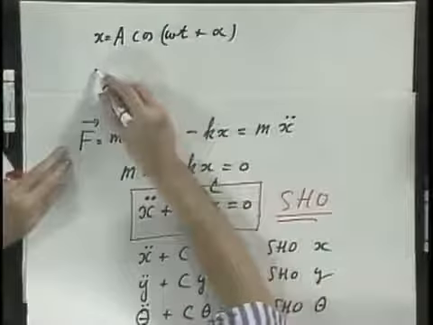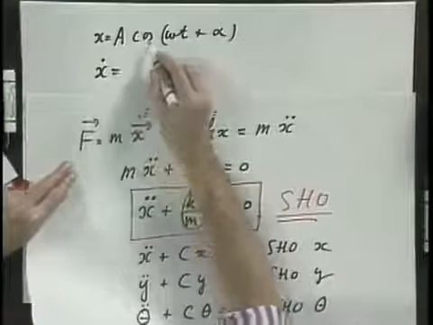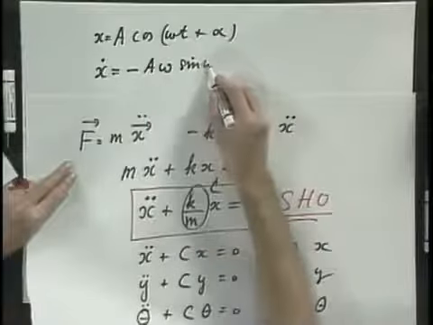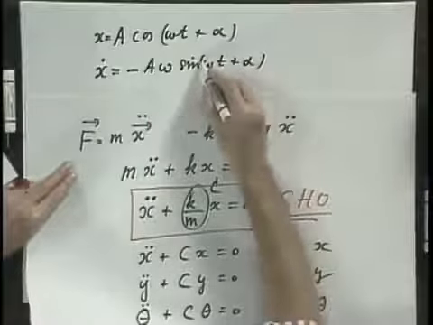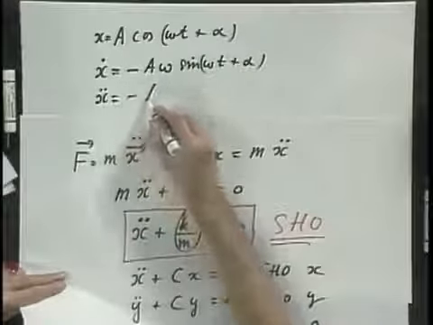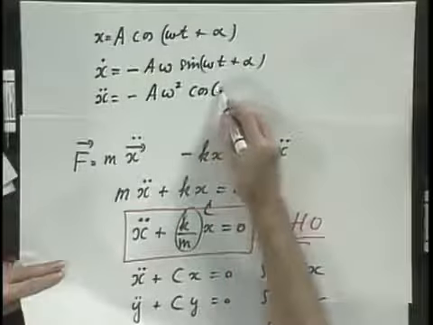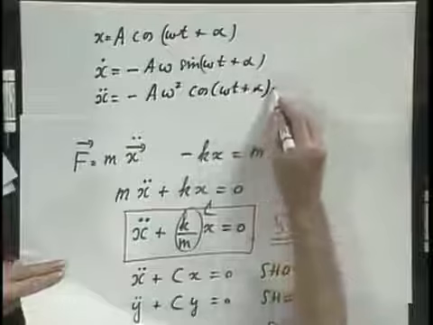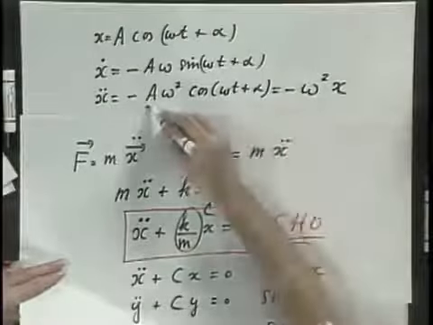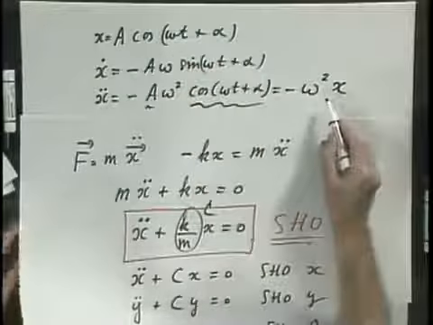If I choose that, then x dot, which is the velocity, would become minus A times omega times the sine of omega t plus alpha. And that means x double dot would become minus A omega squared times the cosine of omega t plus alpha, and that is the same as minus omega squared times x, because you see x equals A cosine omega t plus alpha here, and so this is x again.